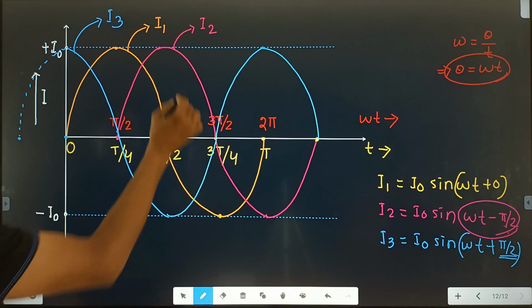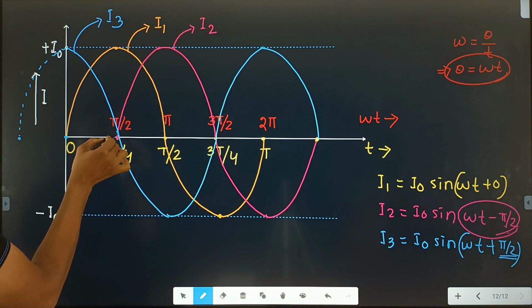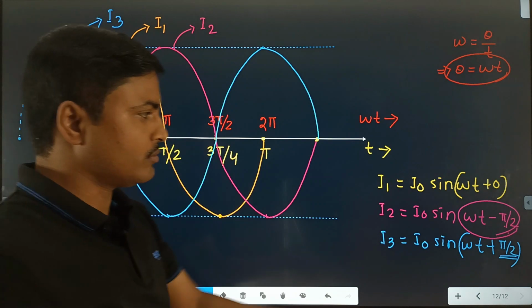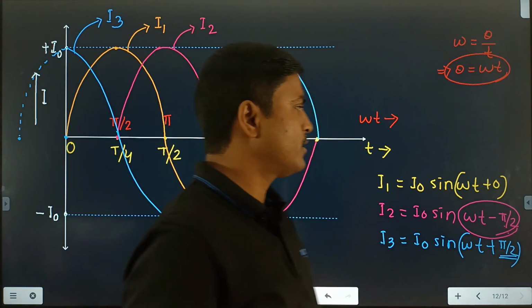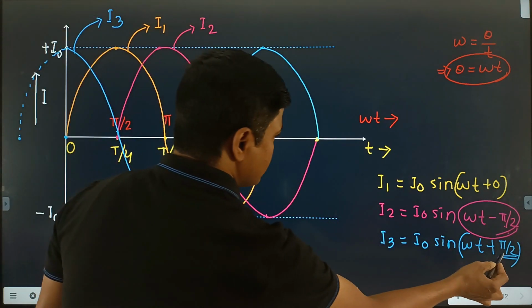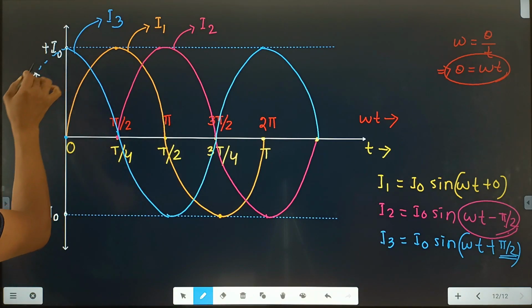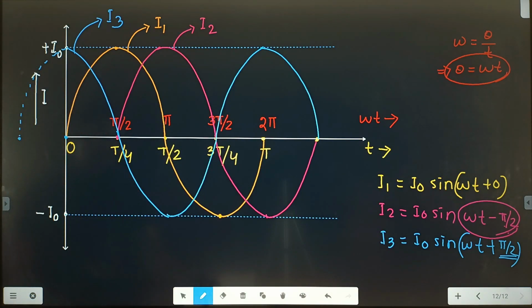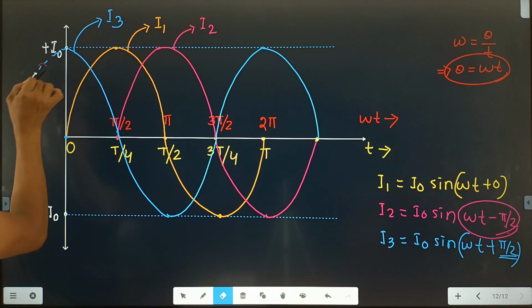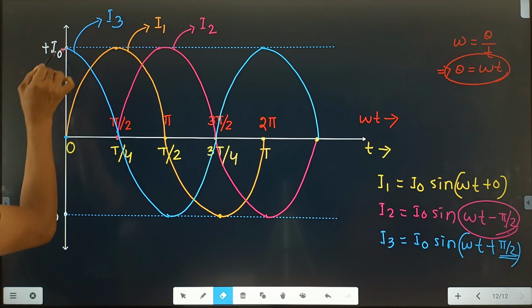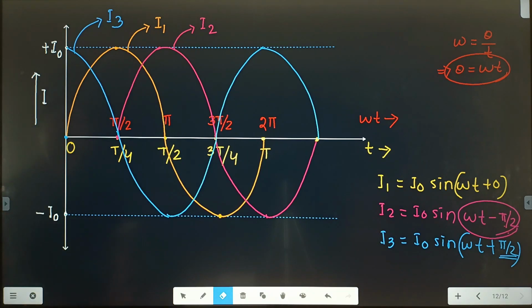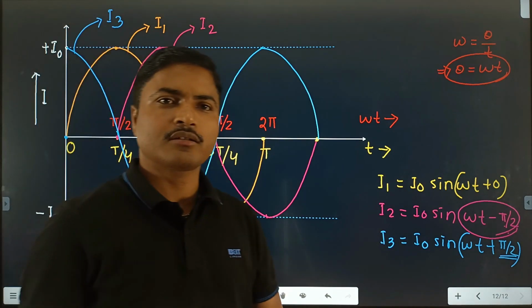This is for I2, here the initial phase is minus pi by 2. In this case it is plus pi by 2, so for current I3 the starting point is from this point. And finally we draw the waveform of I1, I2 and I3, clear?